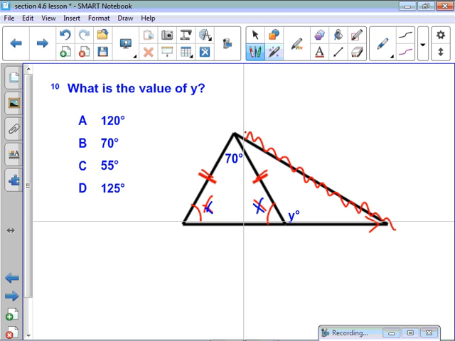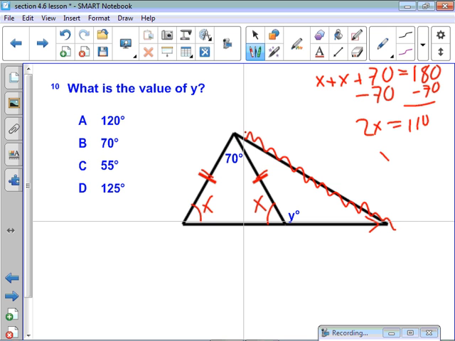X is here, x is here. Okay? So if we have these two guys, let's find out quickly what they are. X plus 1 plus 70 has to equal 180 degrees, because those are the three angles making up a triangle. So minus 70, 110 is equal to 2x. So x must equal 55.